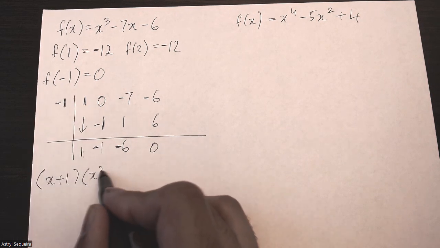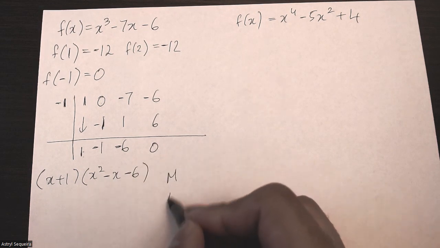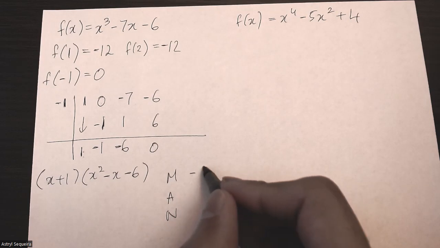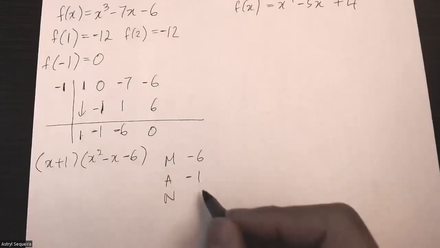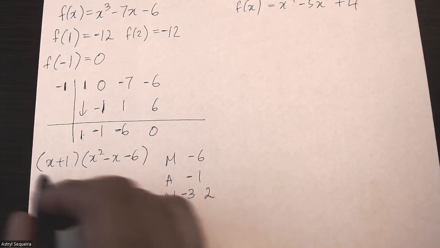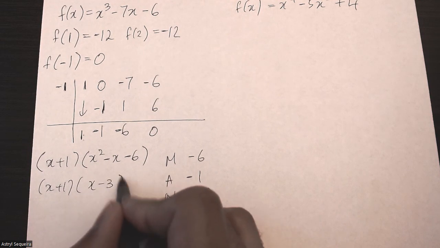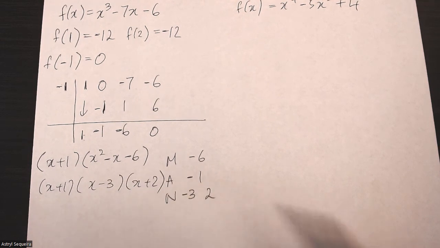This is going to be x squared minus x minus 6. Then I'm just factoring this as a simple trinomial with my man method. So m is -6, a is -1, which means my numbers are -3 and 2. Final solution, x plus 1, x minus 3, x plus 2.